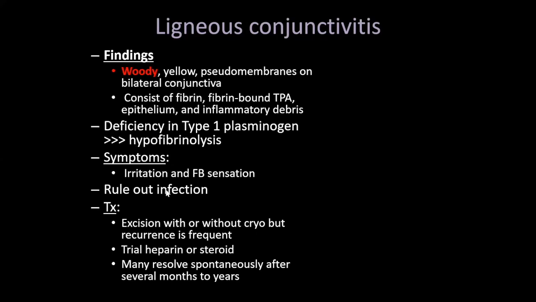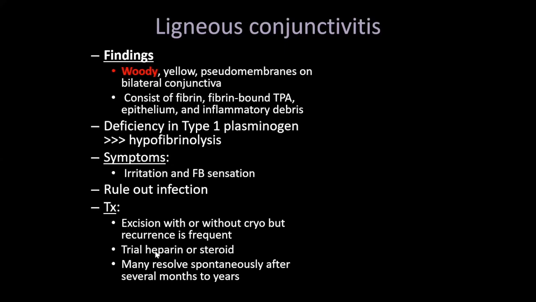And the symptoms are intense irritation and foreign body sensation. This can mimic an infectious process, and therefore it's always important to rule out infection, particularly granulomatous infection of the conjunctiva. The treatment consists of excision with or without cryotherapy, but recurrence is quite frequent.